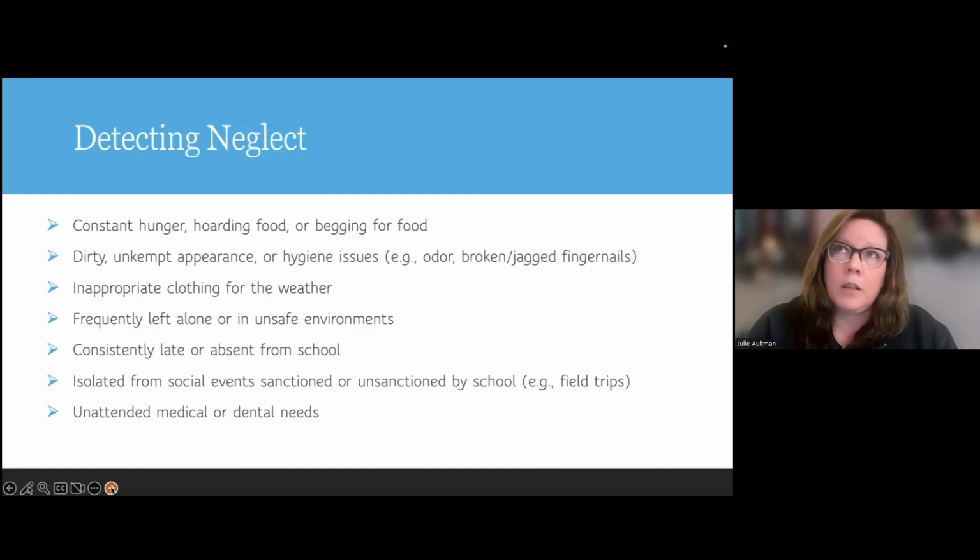We've had several cases in our area of kids coming from homes that have hoarding issues, both animal hoarding and then physical object hoarding. Consistently late, absent from school, again, isolated social events, and then unattended medical or dental needs.